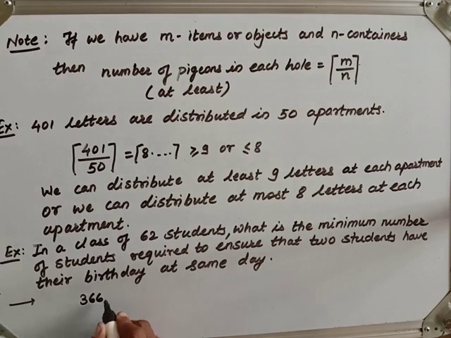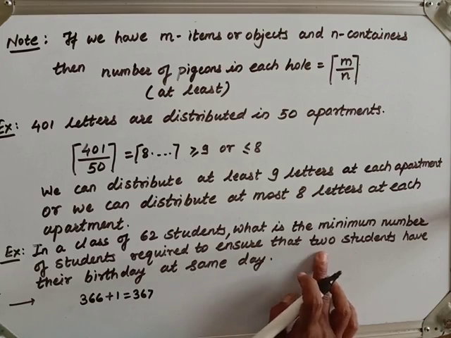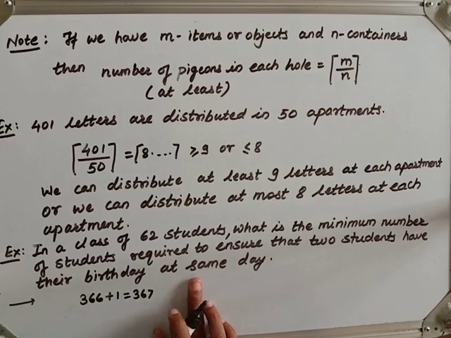But with 366 plus 1, that is 367 students, this one student and one more together give 2 students, so at least 2 students have their birthday on the same day.